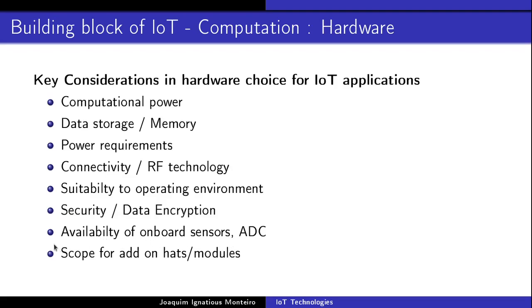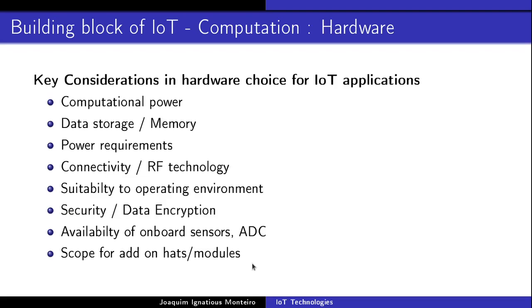Then some IoT boards will have onboard sensors, ADCs. ADC is a drawback of Raspberry Pi. You don't have an onboard ADC on Raspberry Pi, whereas your Arduino boards have an onboard ADC, but they lack internet. They don't have a Wi-Fi connection.